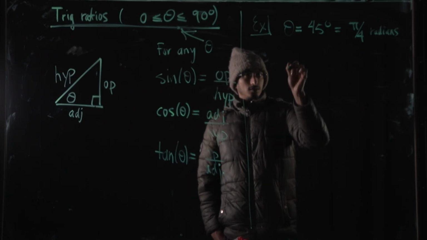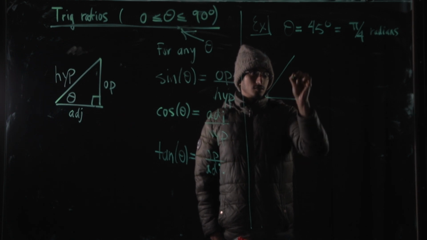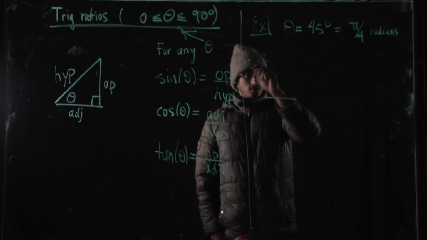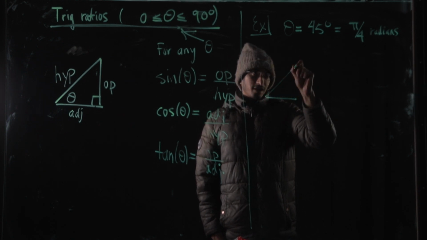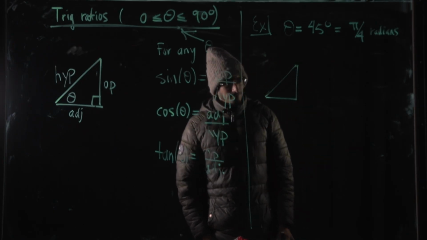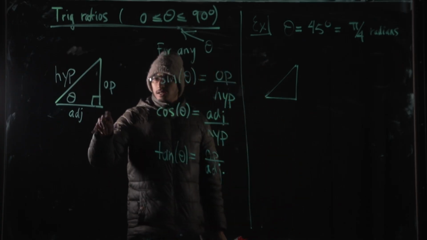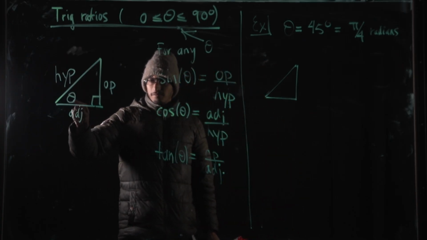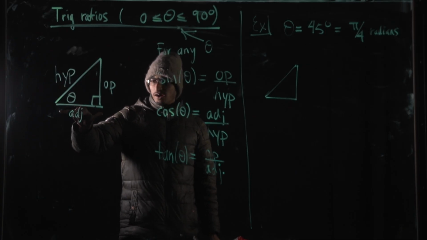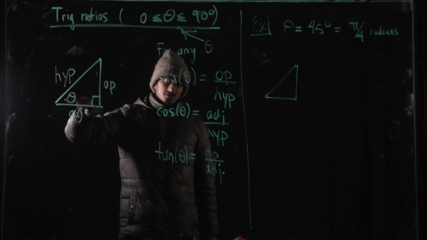Okay. So here's a picture of a 45-degree angle. Now you might notice this ratio here is independent of how long the adjacent side or the opposite side is. All that matters is the ratio.